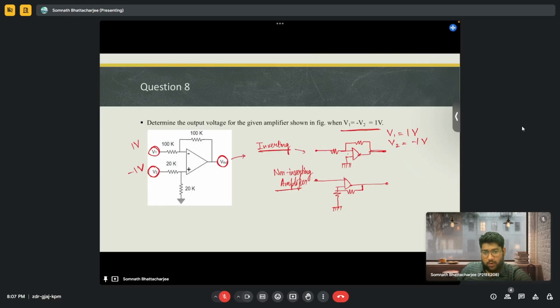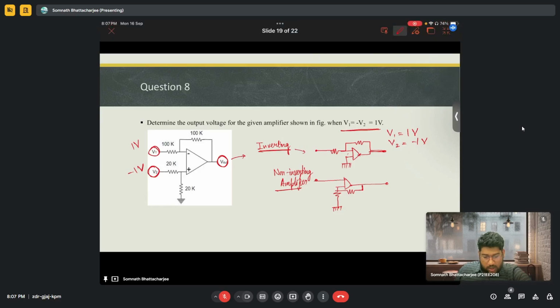So calculate the value of this amplifier. I'll give you 2 minutes to try to do this. After 1 minute, I will give you a clue.